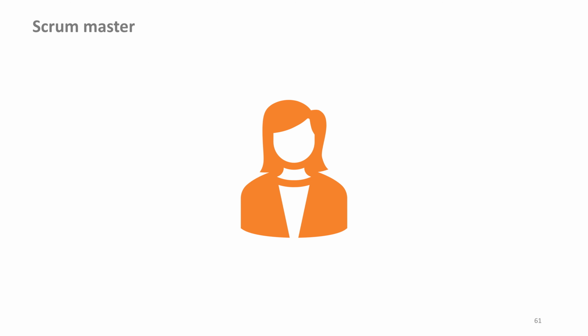It is an advantage if the Scrum Master knows a bit. He/she can do his/her job better if he/she understands what the team is dealing with. If he/she can understand the problems because he/she has also worked in the field himself/herself.